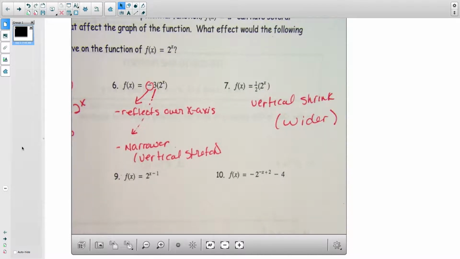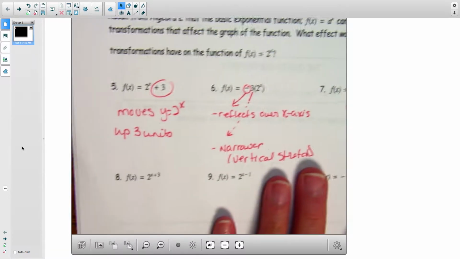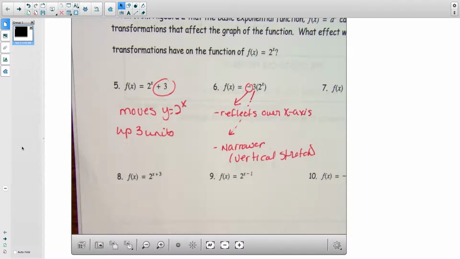So if a number is added or subtracted outside the function, for example, x squared plus 3, 2x plus 3, we move it up or down. What happens if it's part of the function? Grayson? It'll increase like your exponent. Is it going to move left or right? Left.